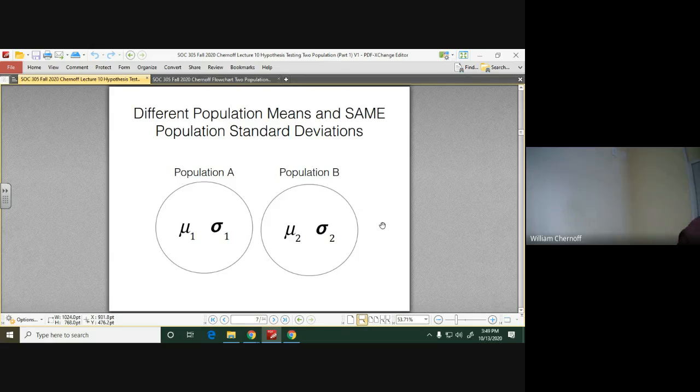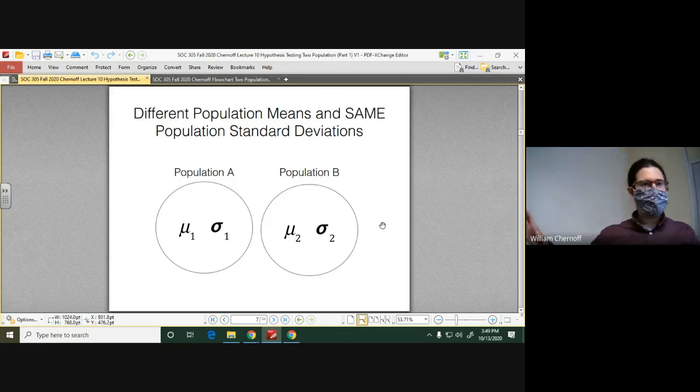Population A is to the left, population B is to the right. There's a gap between them. However, we can look at this and think that the population standard deviations are the same. As far as how spread out the values are, they're exactly the same. This circle is just as wide as that circle.